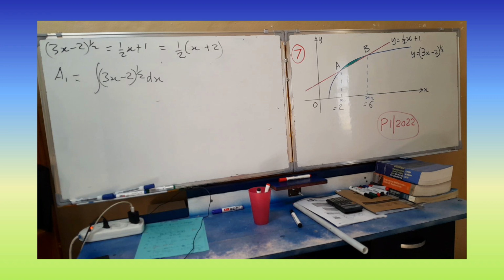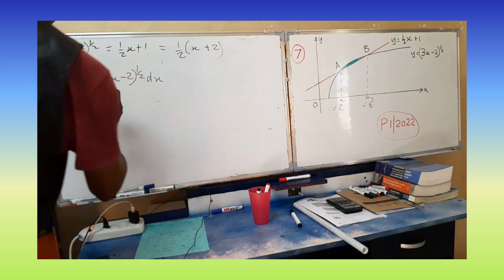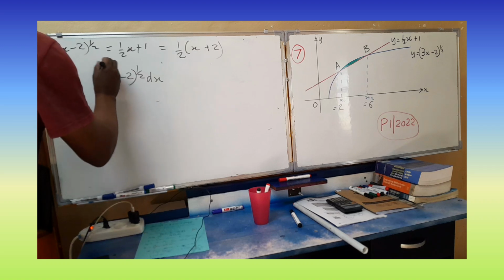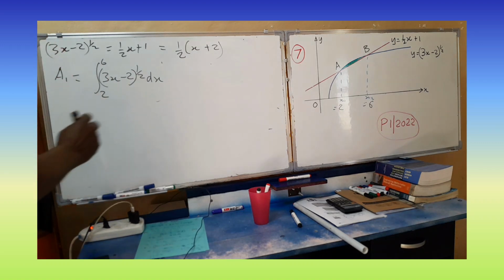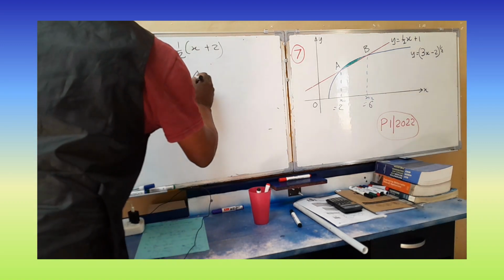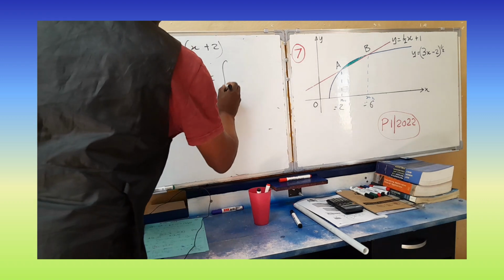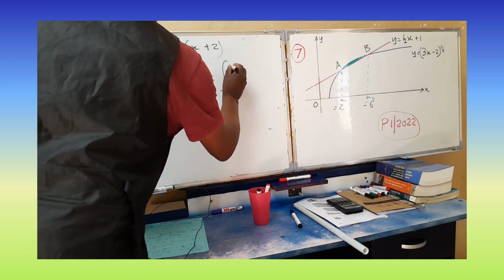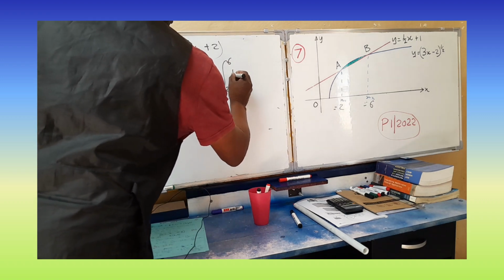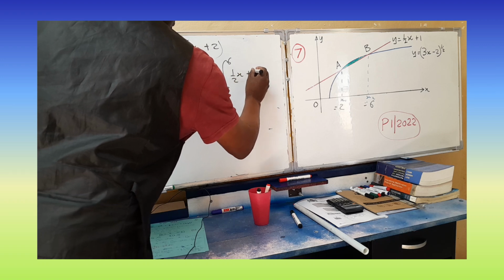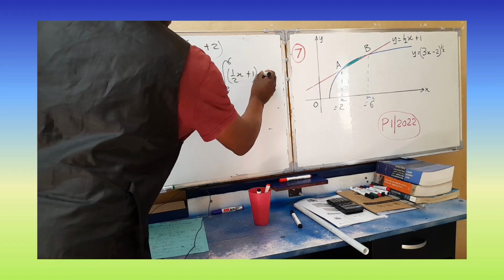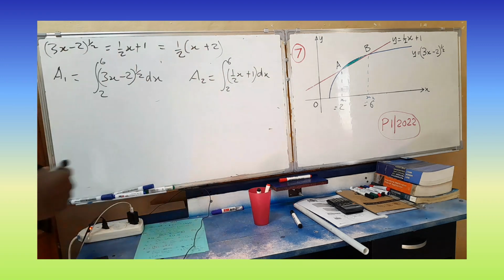What about the area under the red graph between the same limits? Oh, sorry, we must put 2 here and 6 there. The other graph, let's call it A2. It is given by the integral between 2 and 6 of half x plus 1 with respect to x.